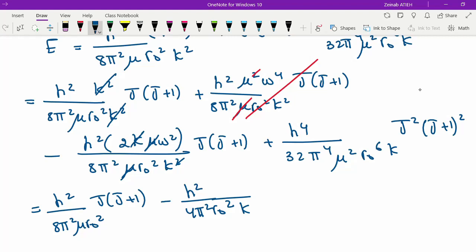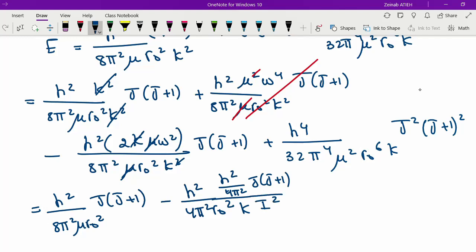J squared is the classical value and its quantum mechanical value will be h squared over 4 pi squared J plus 1, instead of J squared over I squared. So this is I squared here.